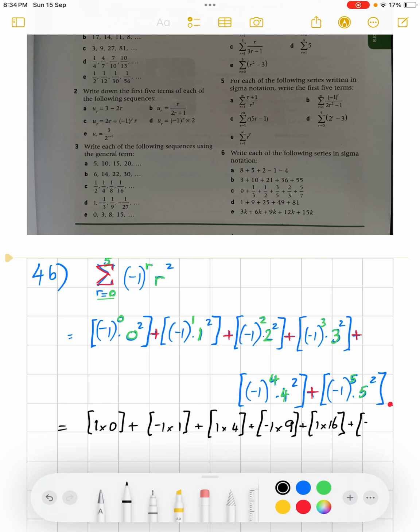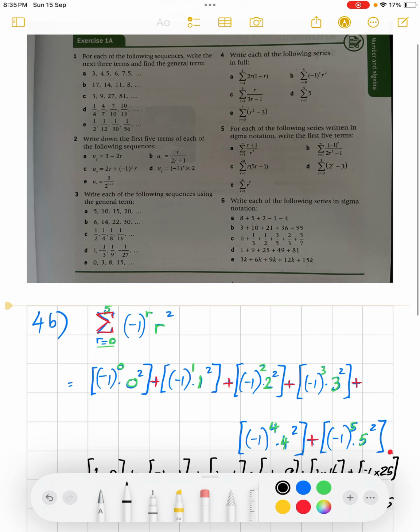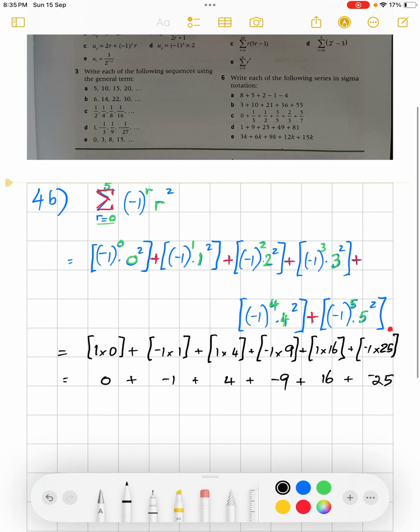And -1 to the power of 5 is -1. 5 squared is 25. So what we've got is 0 plus -1 plus 4 plus -9 plus 16 plus -25. And that is the series in full.